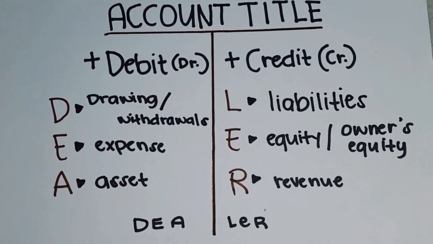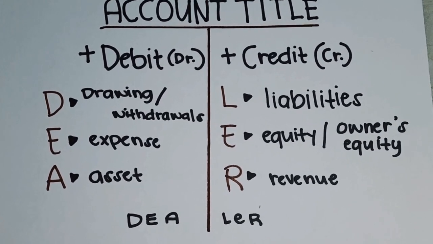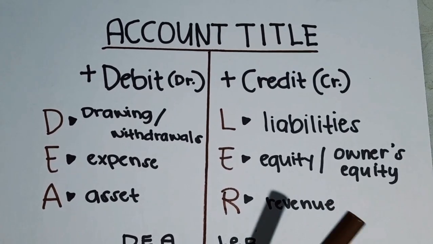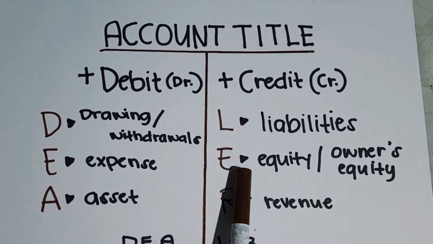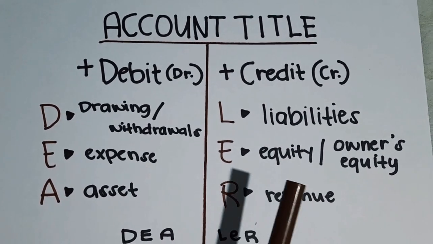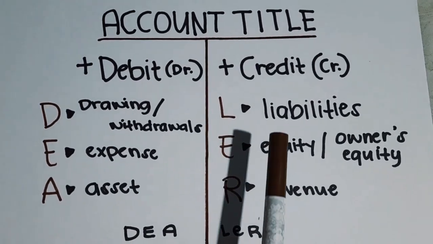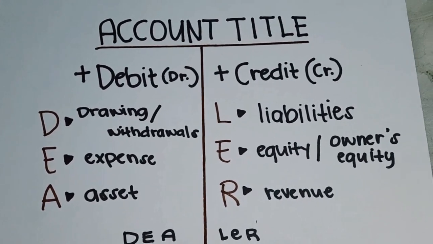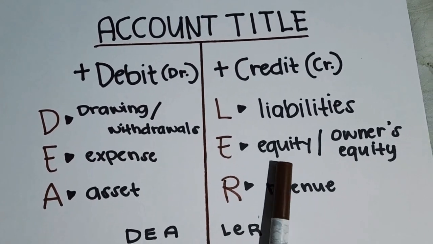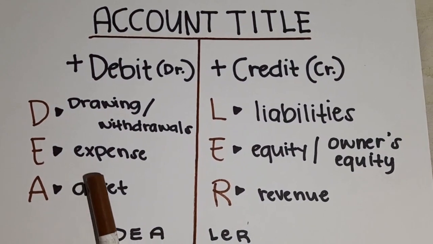So, para hindi kayo nalilito, always think about the word DEALER. Bali, ganun rin sa kabila. Itong LER na nasa credit side, kapag nadadagdagan ng amount ang account ng liabilities, owner's equity at ang revenue, sa credit siya ilalagay. So, ganun rin kapag nababawasan sila, sa debit natin siya ilalagay.